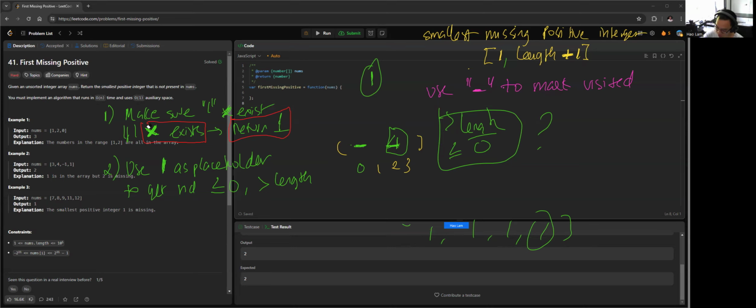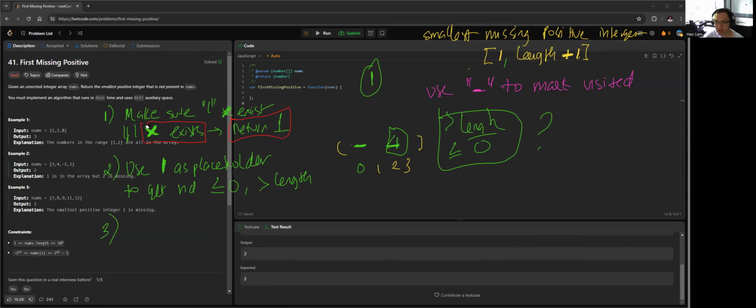So after we do that, we are ready. We know that 1 exists in our array, and the values in our array are now always between 1 and length.